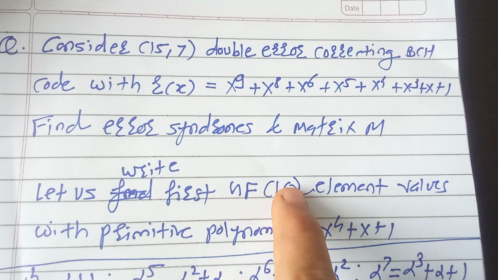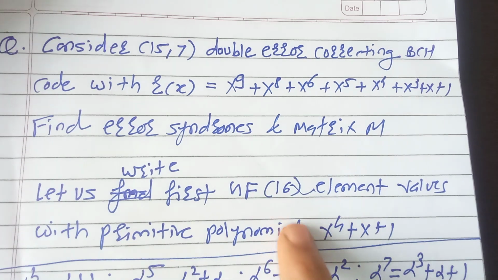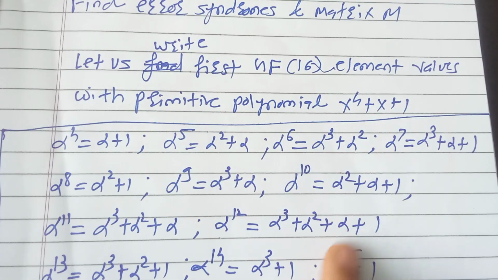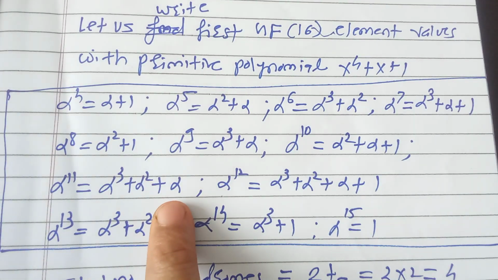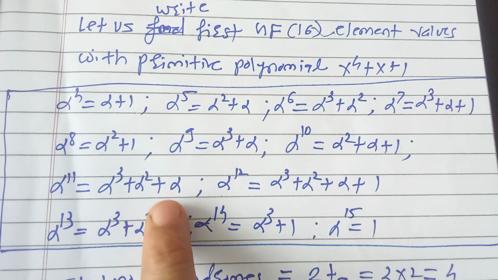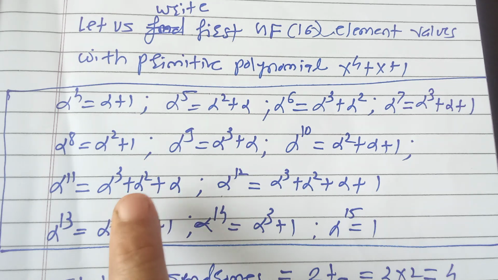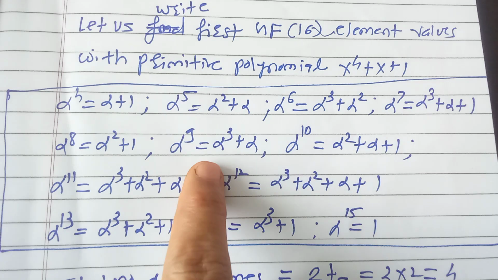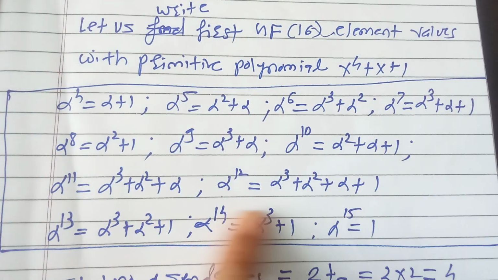For Galois field 16, we have already seen with this primitive polynomial how to obtain these values. In one of the videos, we have seen how to obtain these values. Otherwise, I will provide the link for that video also. This is very easy. We have seen in Galois field basics how to obtain all these values.